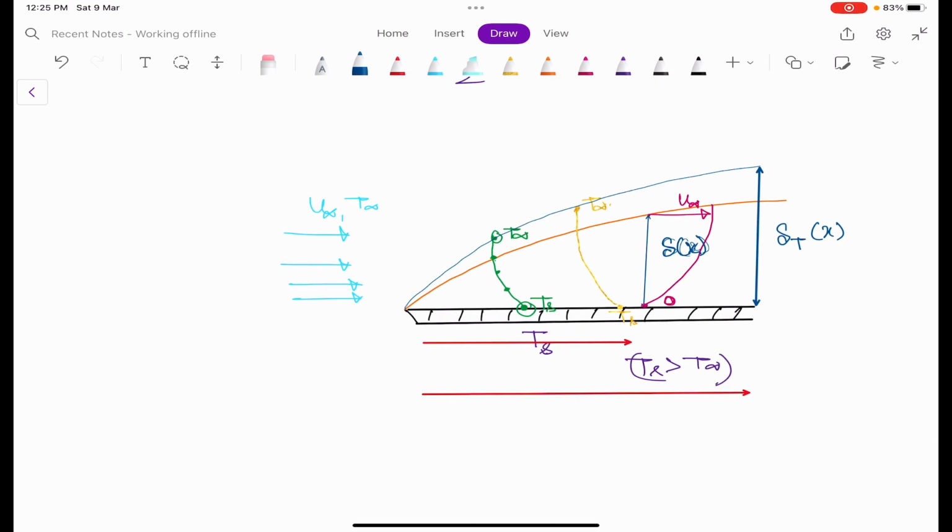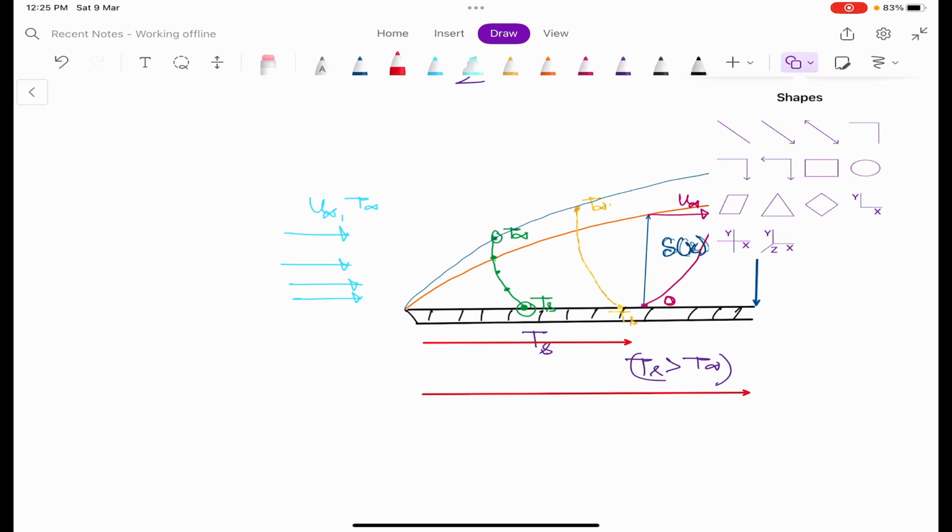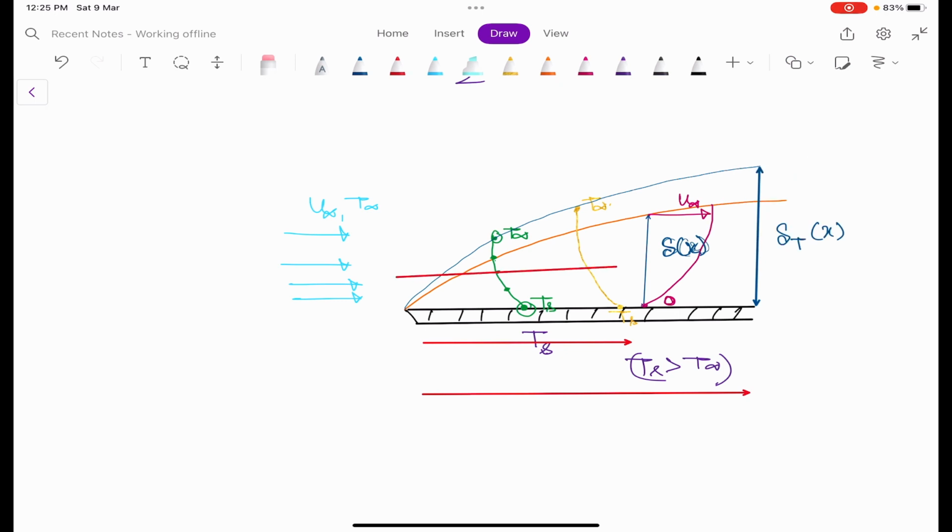So here, if I ask you the same question, at a particular y distance, here the temperature value and here the temperature value, which temperature will be more? By your common sense, you should answer. You can pause the video for a few seconds, think, and answer to yourself.